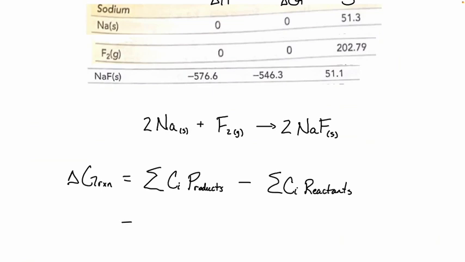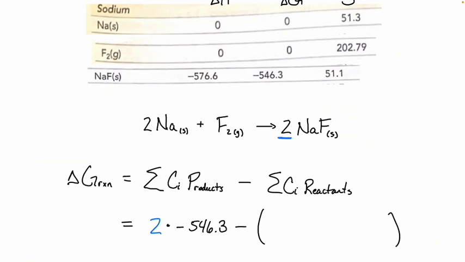All right, so I'm going to look here. My product is this negative 546.3. I need to multiply that by that stoichiometric coefficient of 2. So 2 times negative 546.3. And then I'm going to subtract the sum of my reactants. It's going to be important that you put that in parentheses so that that minus sign gets distributed.